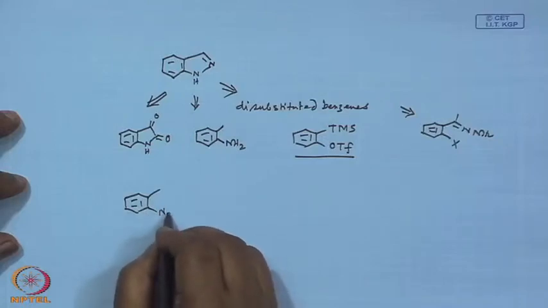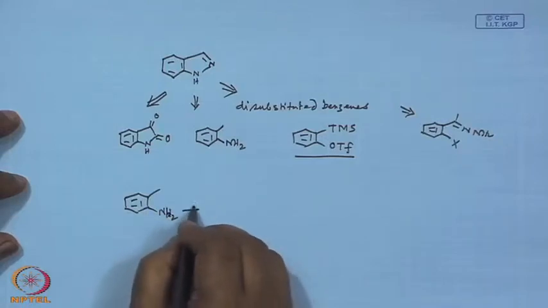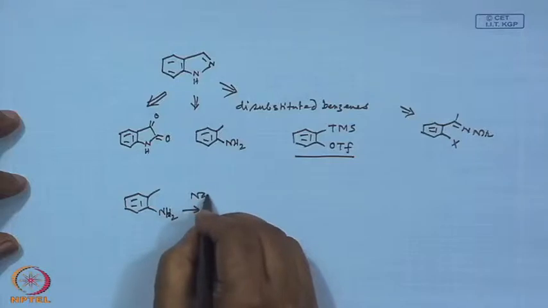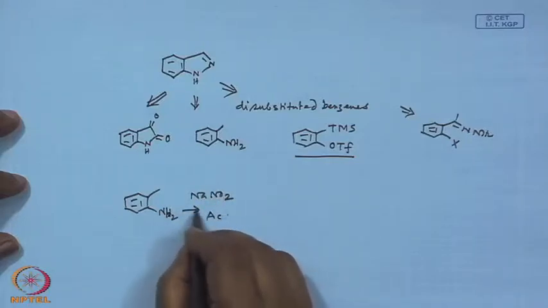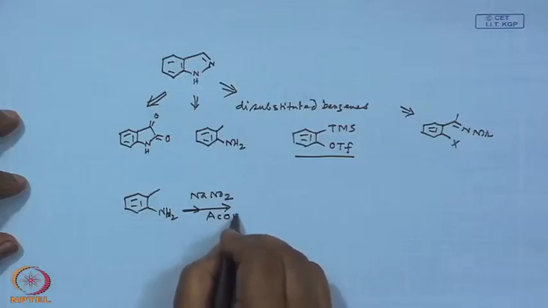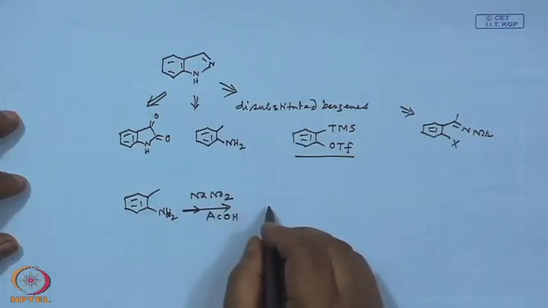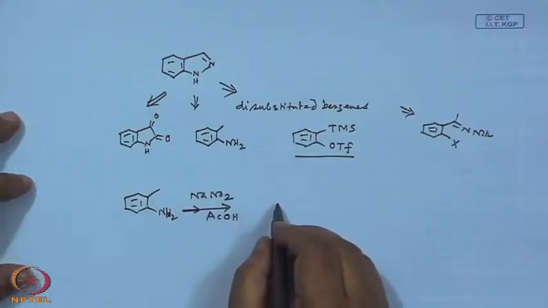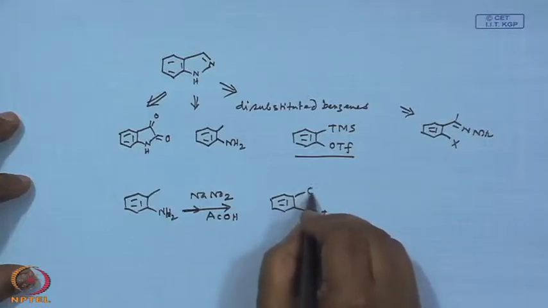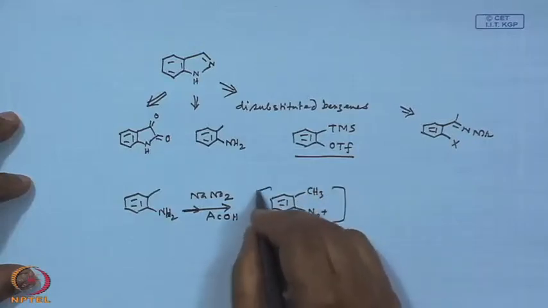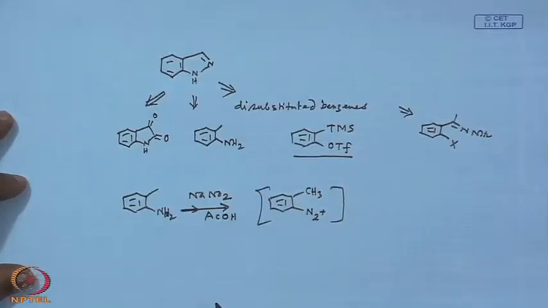What you will see is that if a toluidine kind of molecule is treated with sodium nitrite in the presence of acetic acid, where acetic acid is basically the solvent, the expectation is pretty obvious, right, so you will have a diazonium kind of salt.